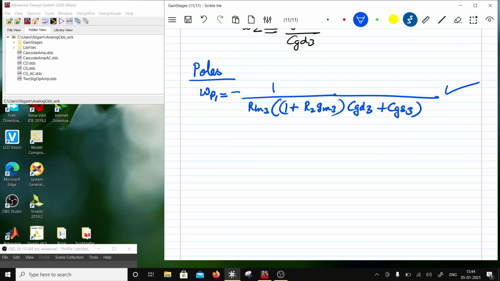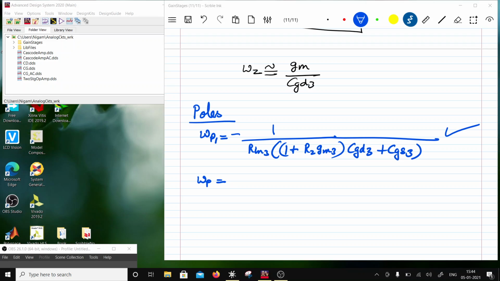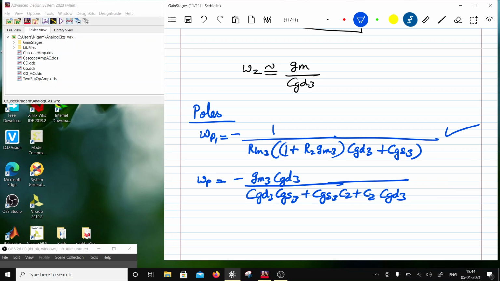Okay, so the next thing, the second pole, is given by the cyclic multiplication of the capacitances. So this will be equal to minus GM3 CGD3 divided by the cyclic multiplication, which is CGS3 C2, C2 CGD3, CGD3 CGS3.